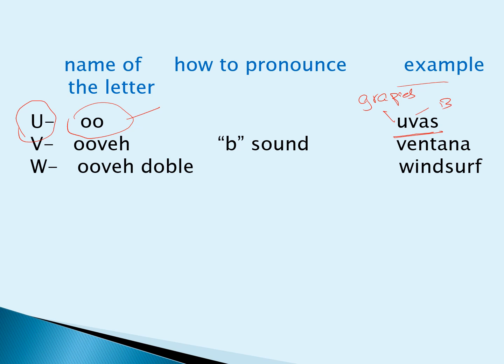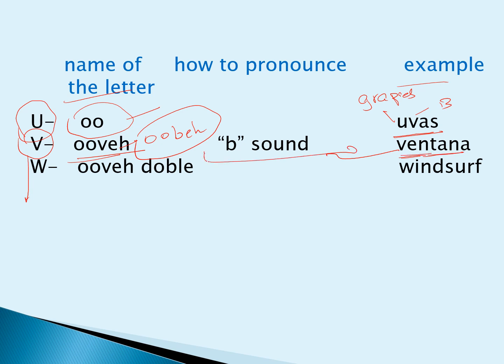Next one. In English, this is V. But in Spanish, what's the name? Uve, uve. Right. Look at the example. Ventana. You always sound it as a B sound, we already learned.